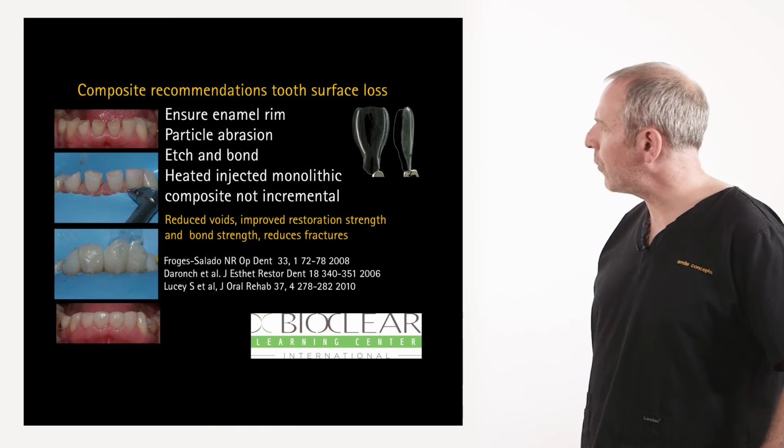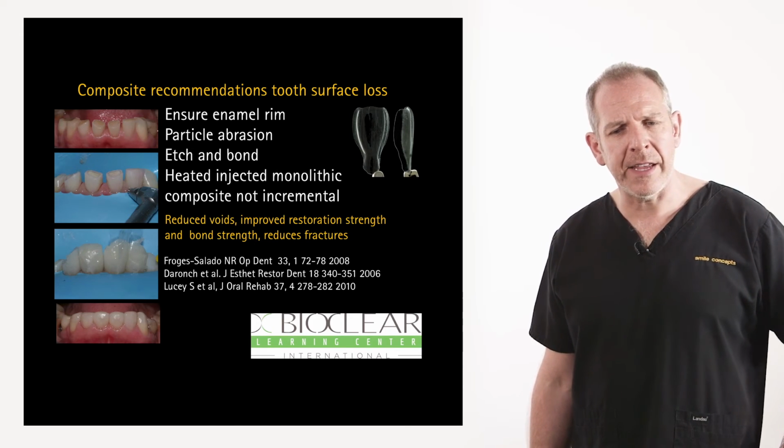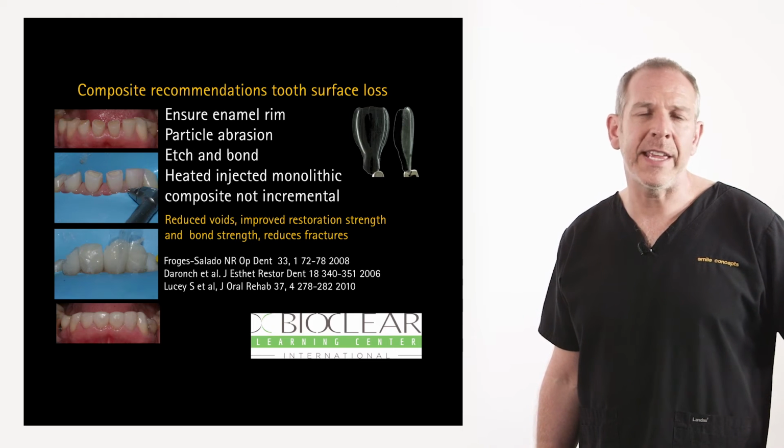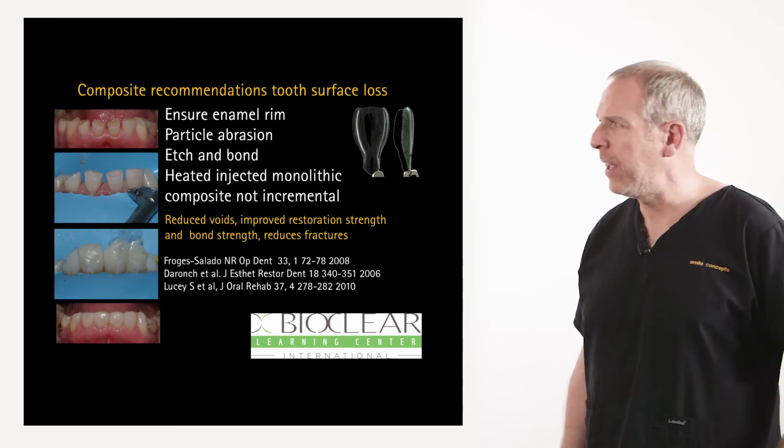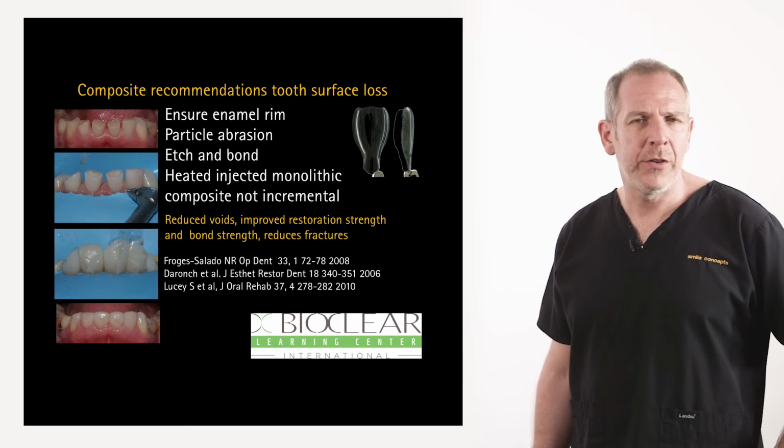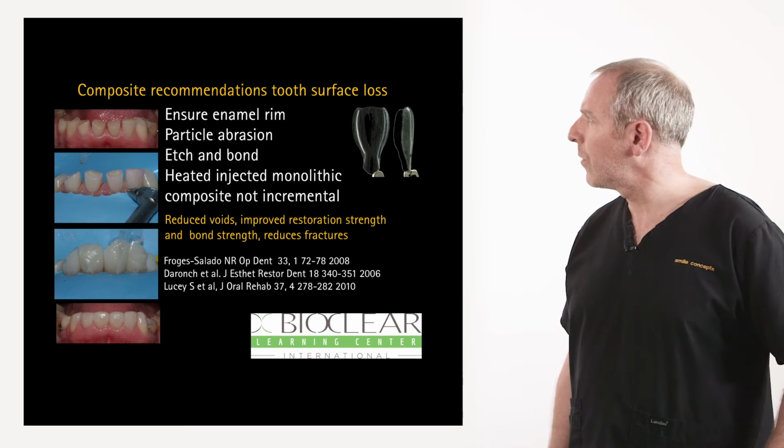And what has been a revolution in terms of treating tooth wear is the BioClear matrix system and the BioClear technique. So this is not just a matrix system, but it's a whole technique for predictably undertaking composite restorations. And it's very applicable to tooth wear cases.